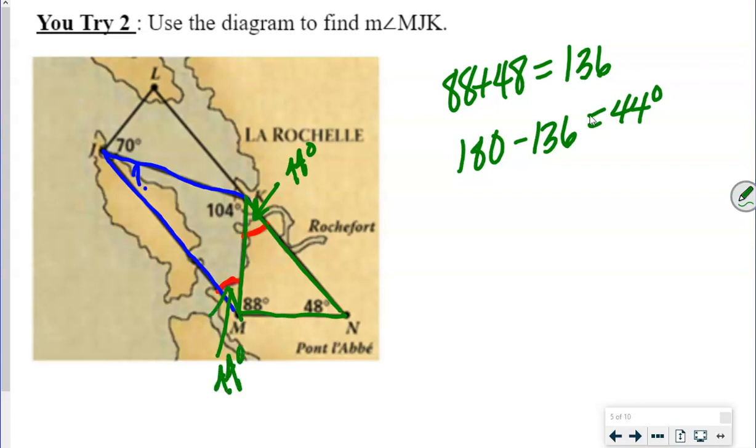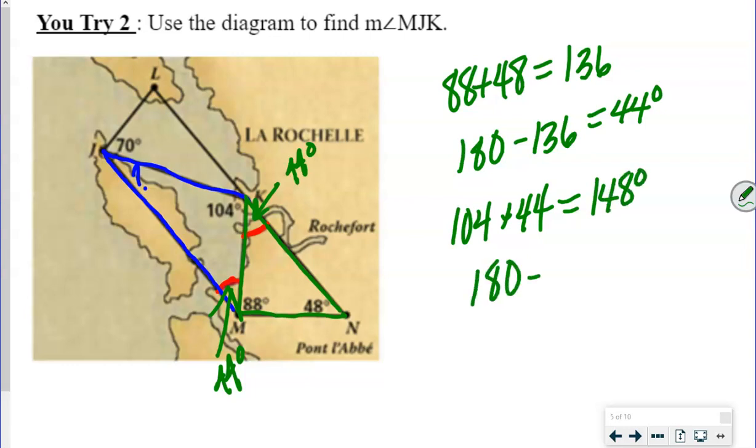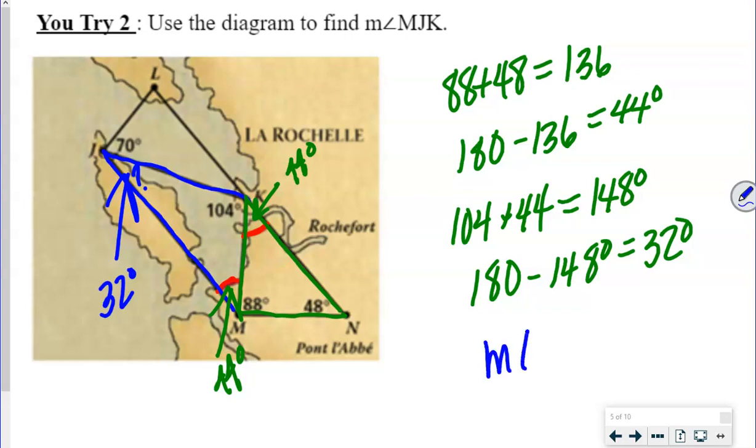So now we're just going to add the 104 plus the 44, and that's going to give me 148 degrees. And again, we're going to subtract that from 180. So 180 minus 148 is going to be equal to 32 degrees. So the angle in question right here is actually 32 degrees. Okay, so the measure of angle MJK is equal to 32 degrees.